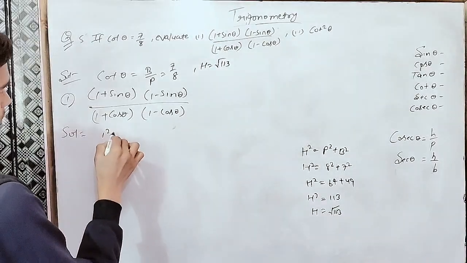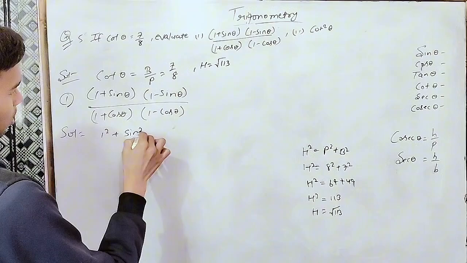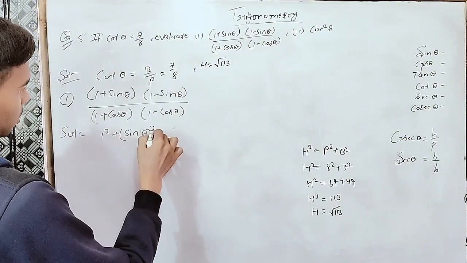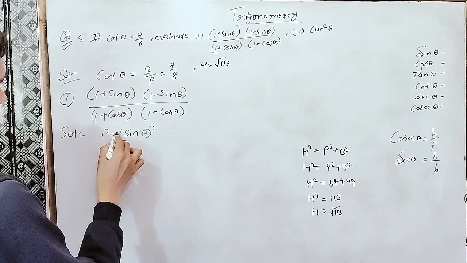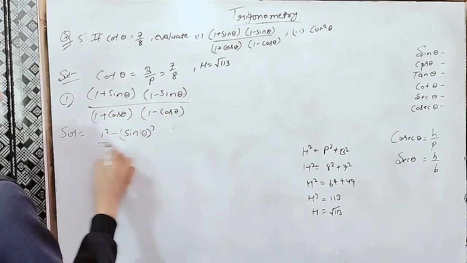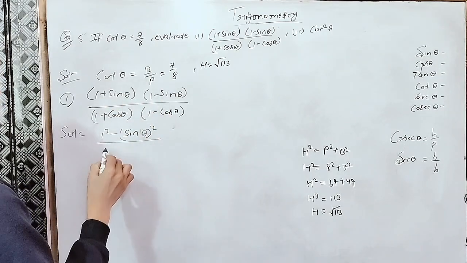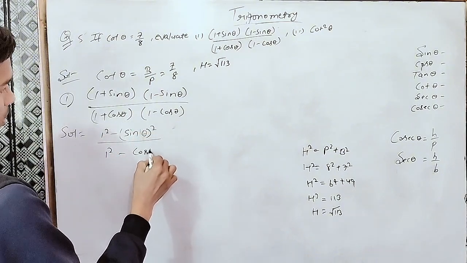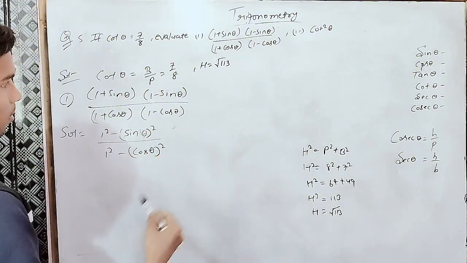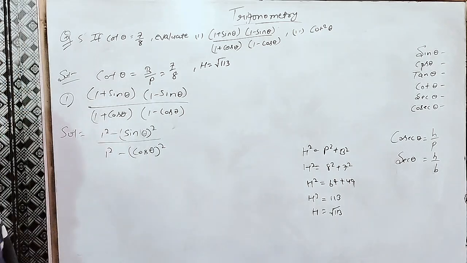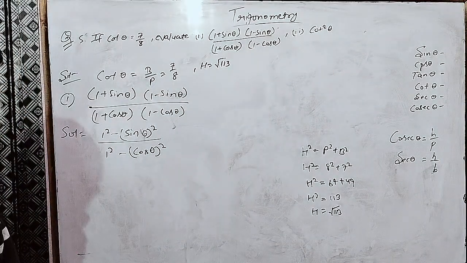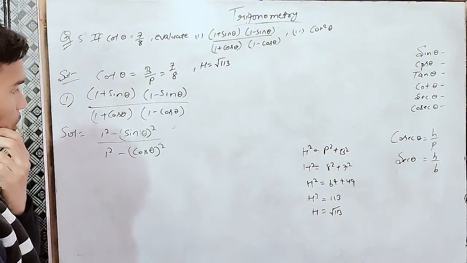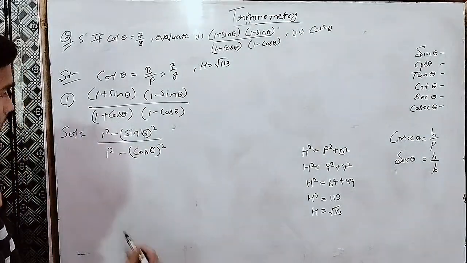Here 1 square minus sine square theta. Here it is not plus, it is minus, because plus times minus gives minus. By looking at algebra we wrote it like that. If you know the importance of algebra, then you will be able to understand.